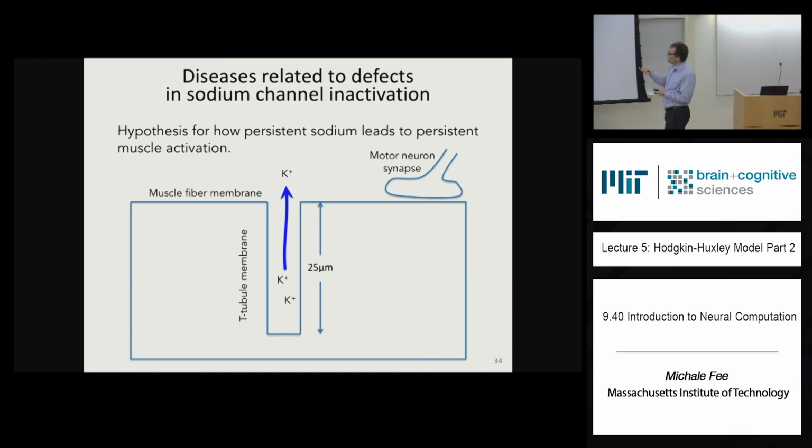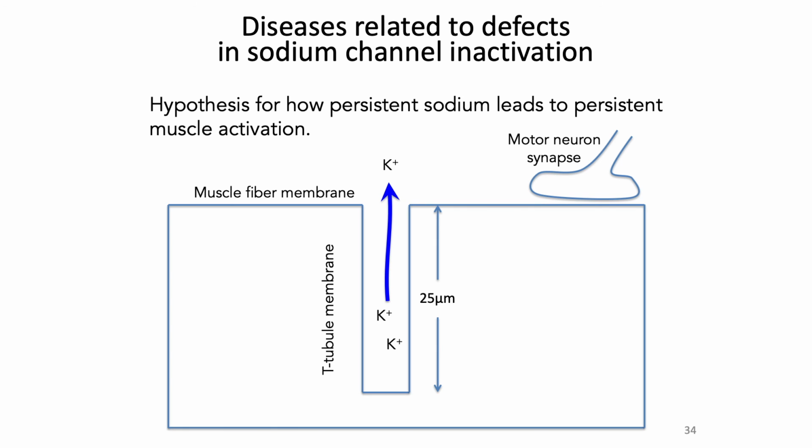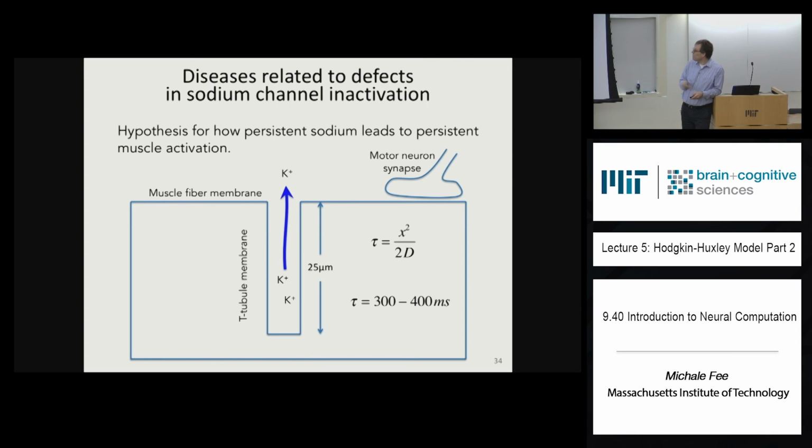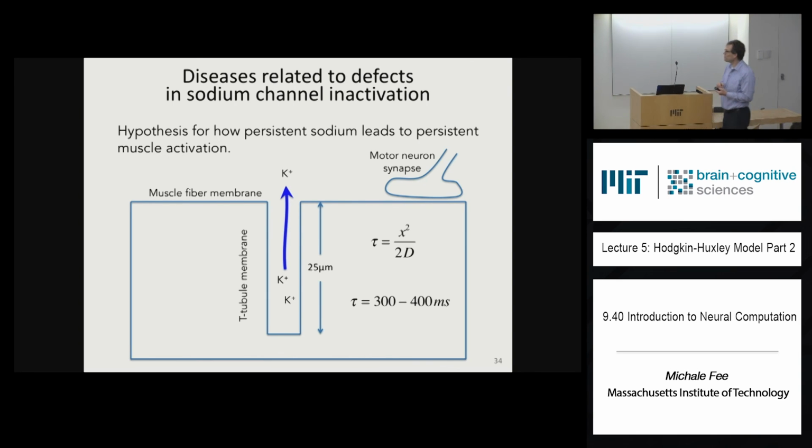This thing is about 25 microns long, and so it will be maybe 4 times that. So that time scale we can calculate by using our equation for the relation between time and distance for diffusion, and you find that that's about 300 to 400 milliseconds. So that's how long it takes those potassium ions to diffuse out of the T-tubule.